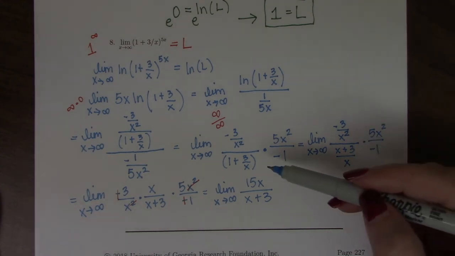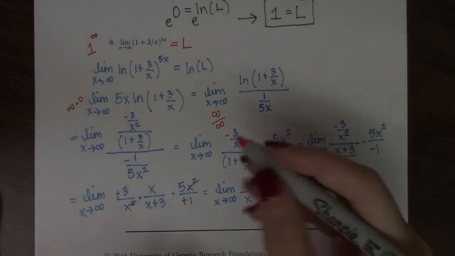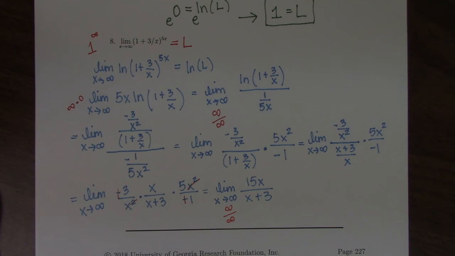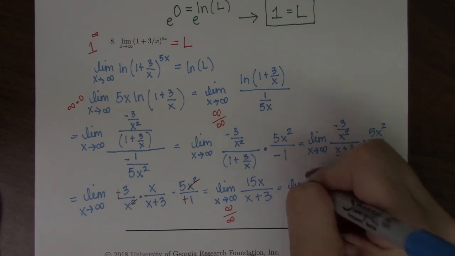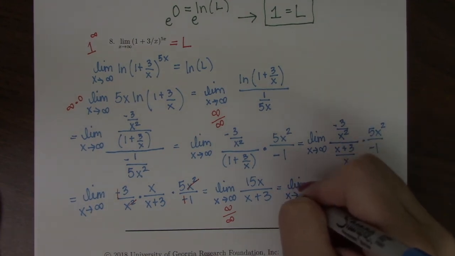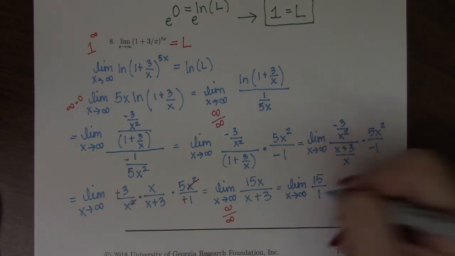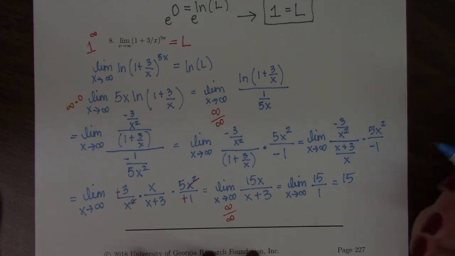So this is still an infinity over infinity situation. But it's a much, much easier one to work with. So that means I can apply L'Hopital again. I can say the derivative of the numerator is 15 over the derivative of the denominator, so this limit is 15.